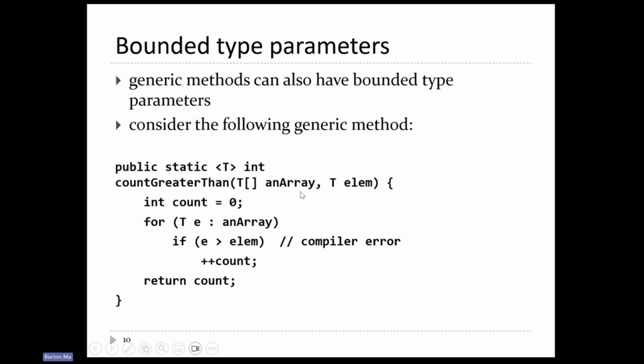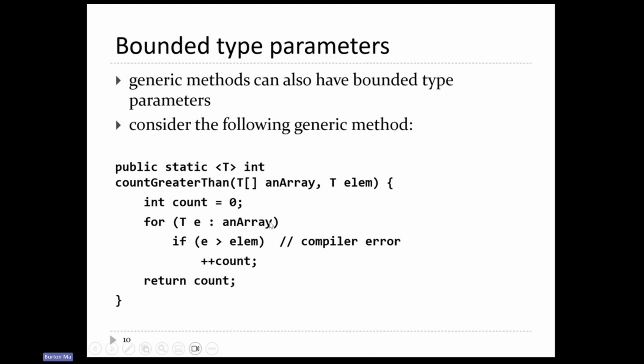So this method counts the number of elements in that array that are bigger than elem. You write a loop over your array, and you want to write: if the element e from the array is greater than elem, add 1 to the count. That doesn't work. Why doesn't it work? Because this thing here has type T, it's a reference type, and greater than doesn't work for reference types. So what do you need to do? Instead of using greater than, you want to use compareTo.